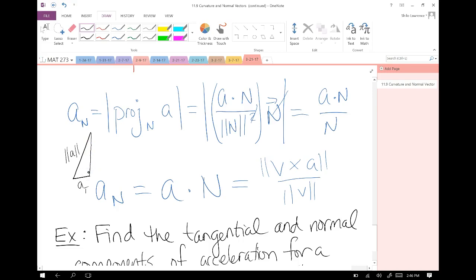So the magnitude of A is the hypotenuse, and then your A sub t and your A sub n are the two that form the 90-degree angle.